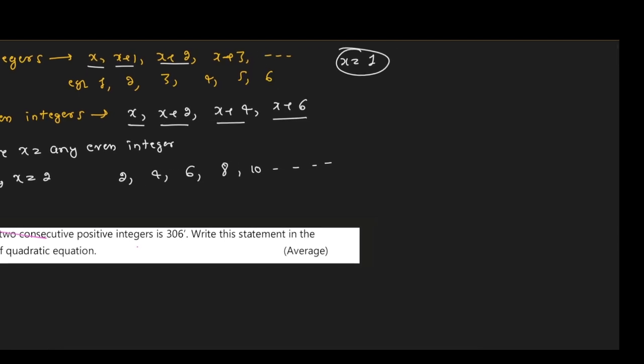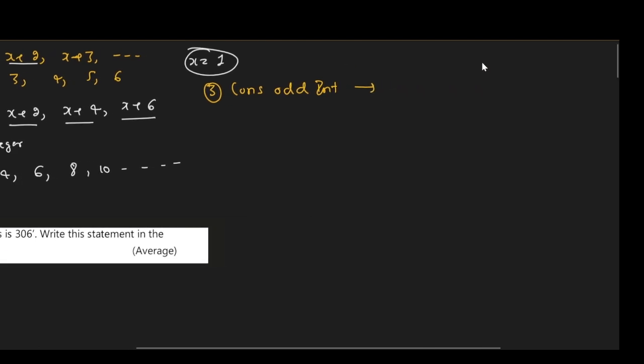The third one is consecutive odd integers. For consecutive odd integers also, the general form is x, x plus 2, x plus 4. Whereas previously x was an even number, now x will be any positive odd integer.